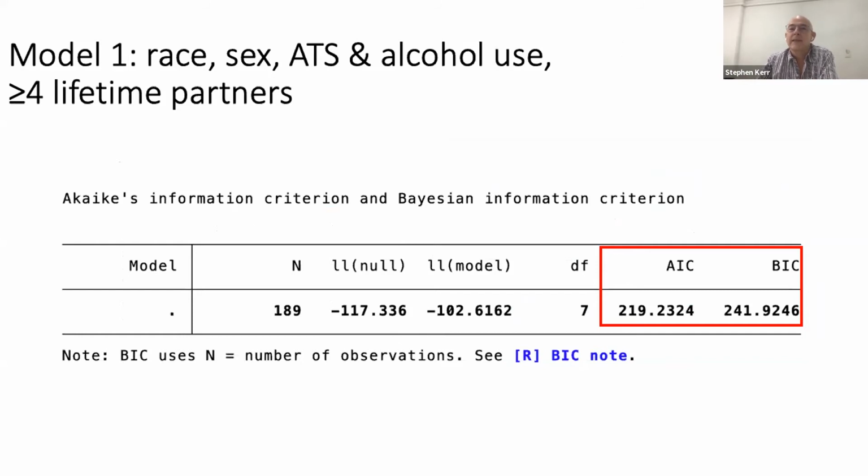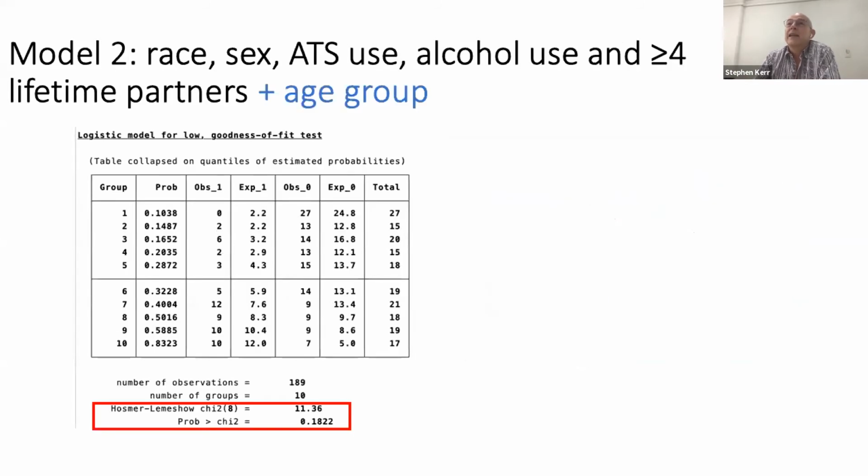So now let's look at the second model. So the second model was exactly the same, except now we included age group. And again, you can see the observed and expected number of people who had an STI and who didn't have an STI. And again, you can see that the expected and observed numbers across the groups are predicted quite well.